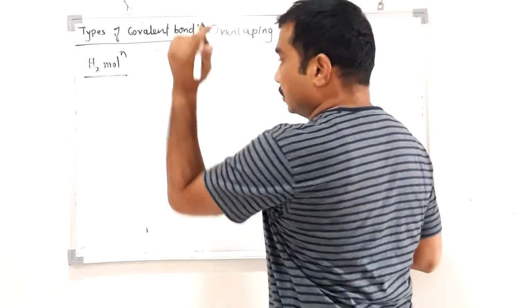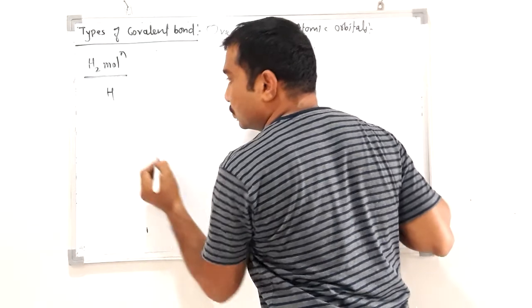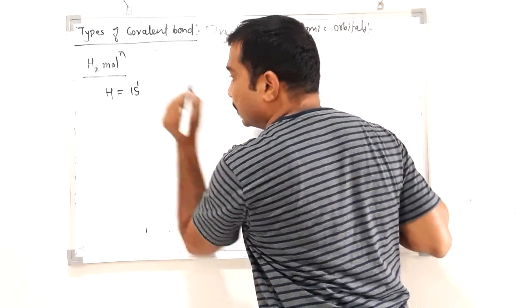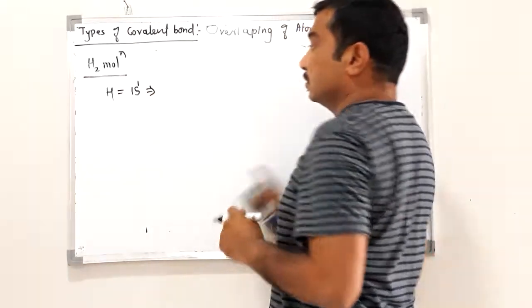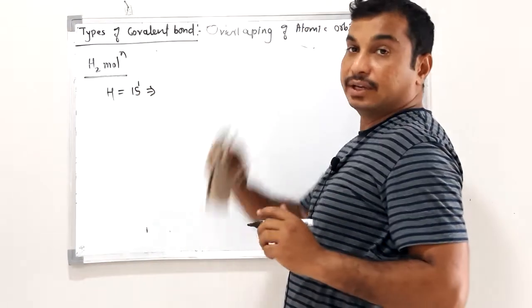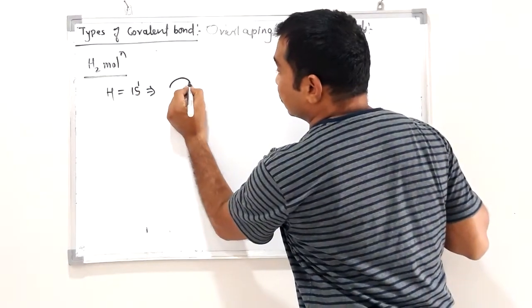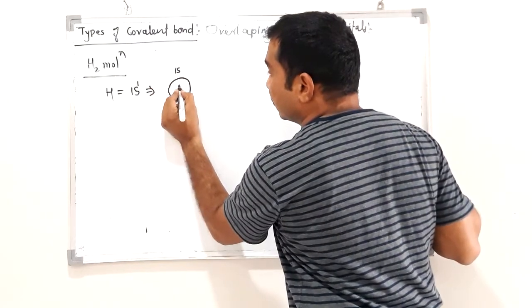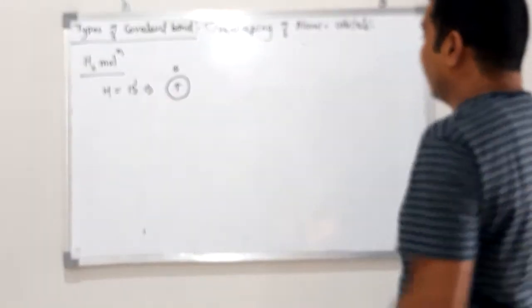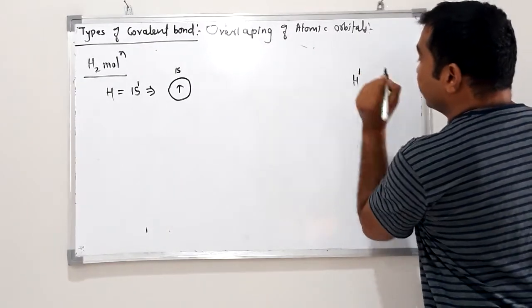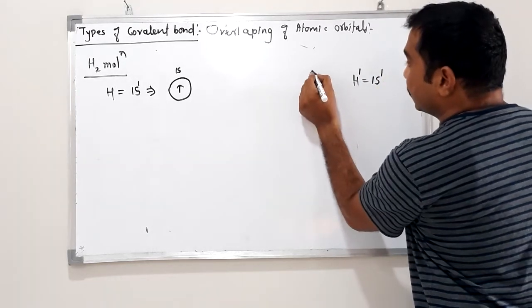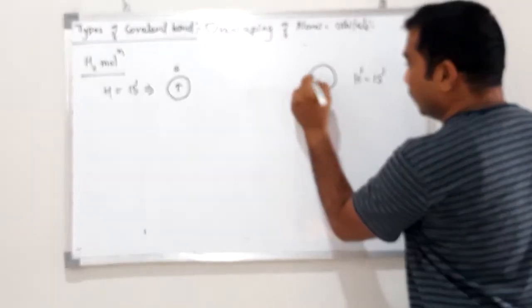In case of hydrogen, consider one hydrogen having electronic configuration 1s1, meaning a single electron present in the 1s orbital, like this. Suppose this is the 1s orbital having a single electron. Here consider another hydrogen atom, again 1s1, with the same orbital.